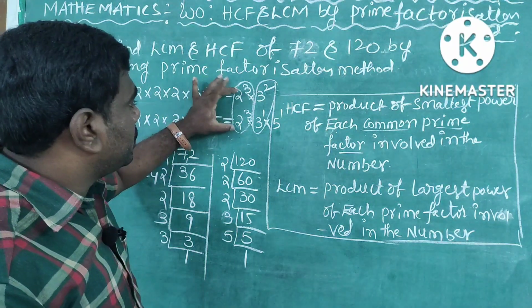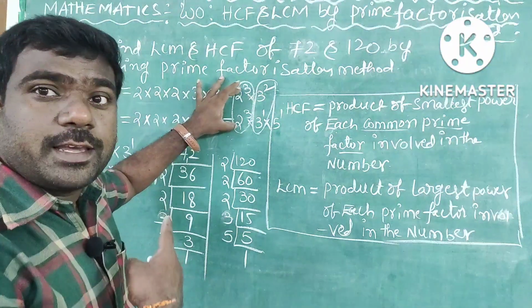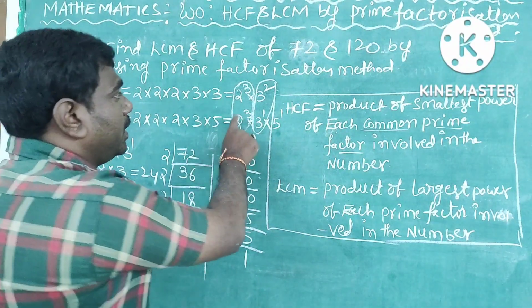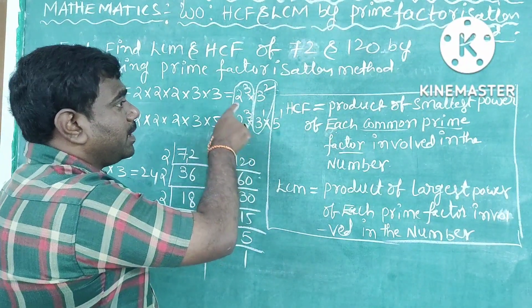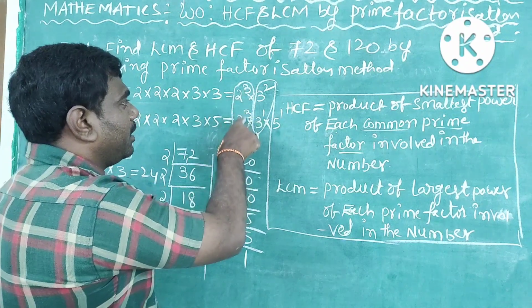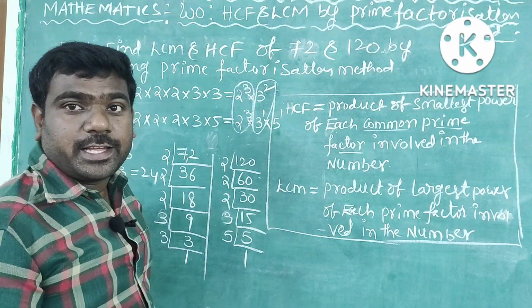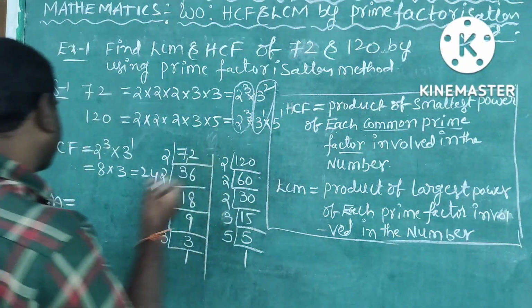See, suppose 2 is one prime number. In this prime number, which is the largest power? Only 2 power 3 is there, no? Yes, that only we should take, 2 power 3.